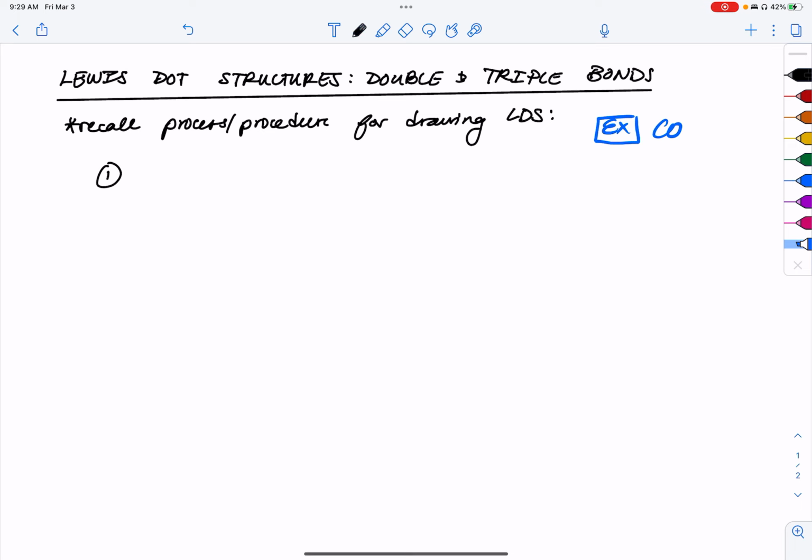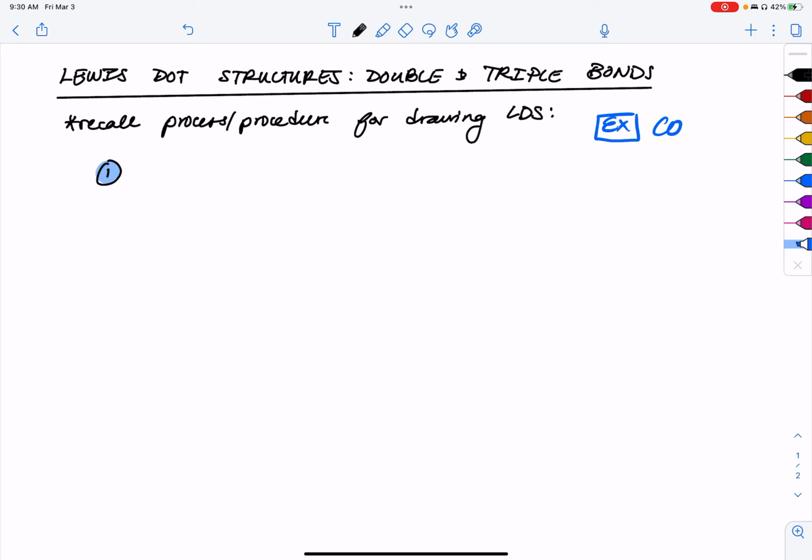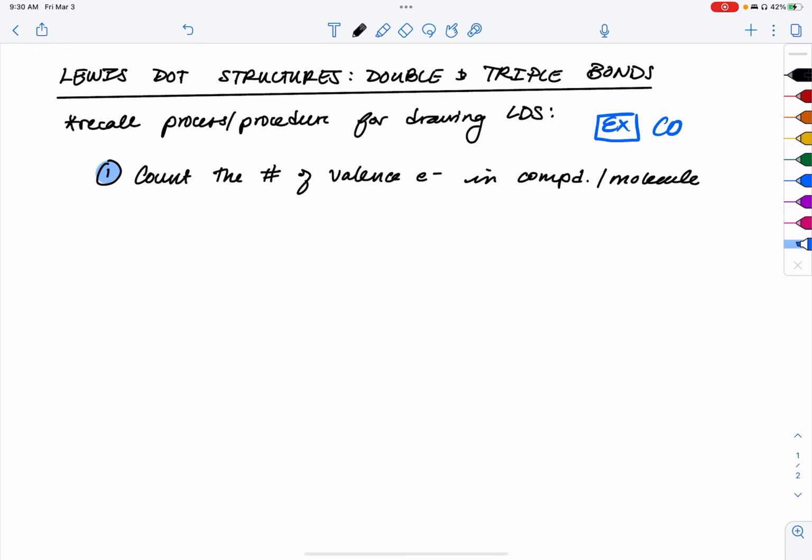And let's jump right in by refreshing our memory on how to determine the Lewis dot structure for a covalent compound. So step one is always to count the number of total valence electrons in the compound or the molecule.